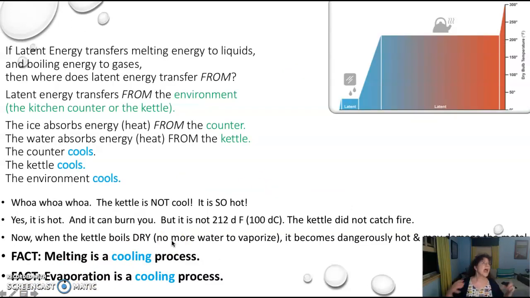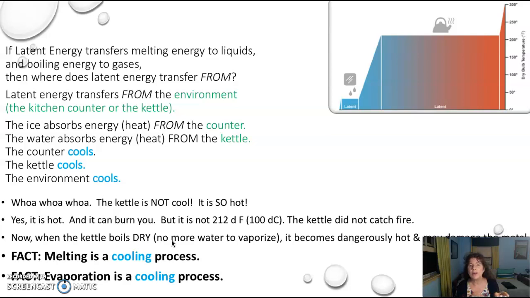Now, if we know where the latent energy transferred to, where did the latent energy transfer from? How did it get there? Because it can't be created nor destroyed. And since we know that there is a lot of energy in the environment, that's the energy that we're going to use. For instance, you took all those ice cubes out and you put them on the counter.